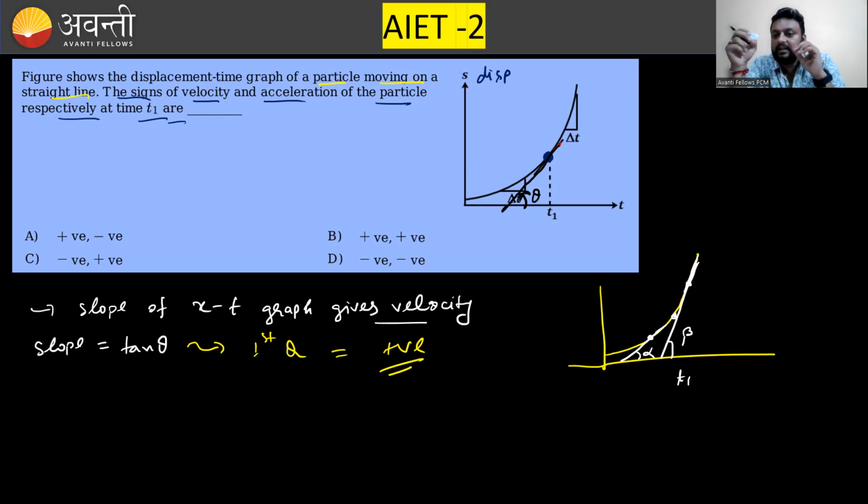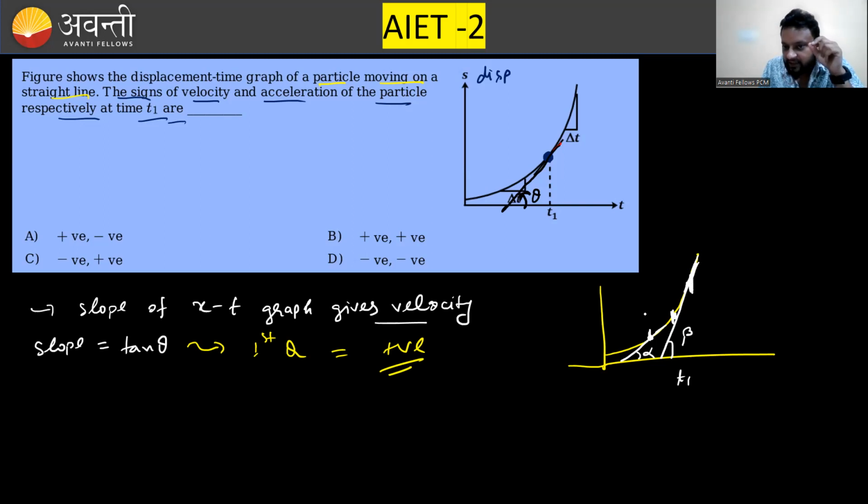If velocity is increasing with time, that means acceleration is going to be positive. I hope the concept is delivered. What is the meaning of positive acceleration? That velocity should increase, and velocity should increase means slope will also increase. So in this case, this is the required time t1, this is the time just before t1, this is the time just after t1.